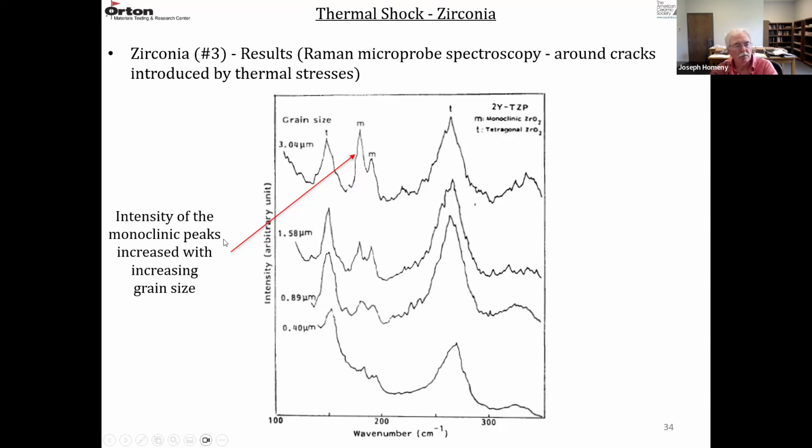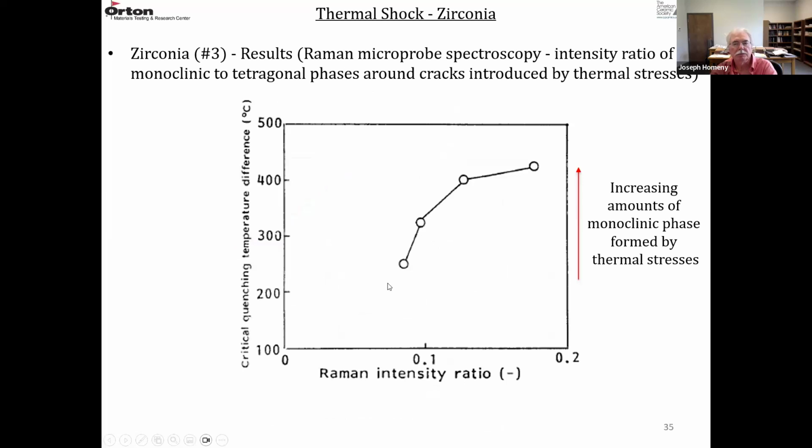So the intensity of the monoclinic peaks, these peaks labeled M, is increasing with grain size. You can see the peaks are very small here, and as we go up, they increase in intensity. So there's more monoclinic phase present around the cracks in the coarser material.